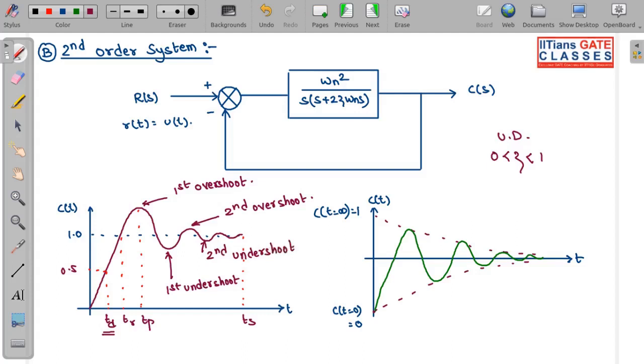Sometimes these are also known as peak and valley: first peak, second peak, third peak, and first valley, second valley, but these are all very old terminologies. Nowadays we just use overshoot and undershoot.